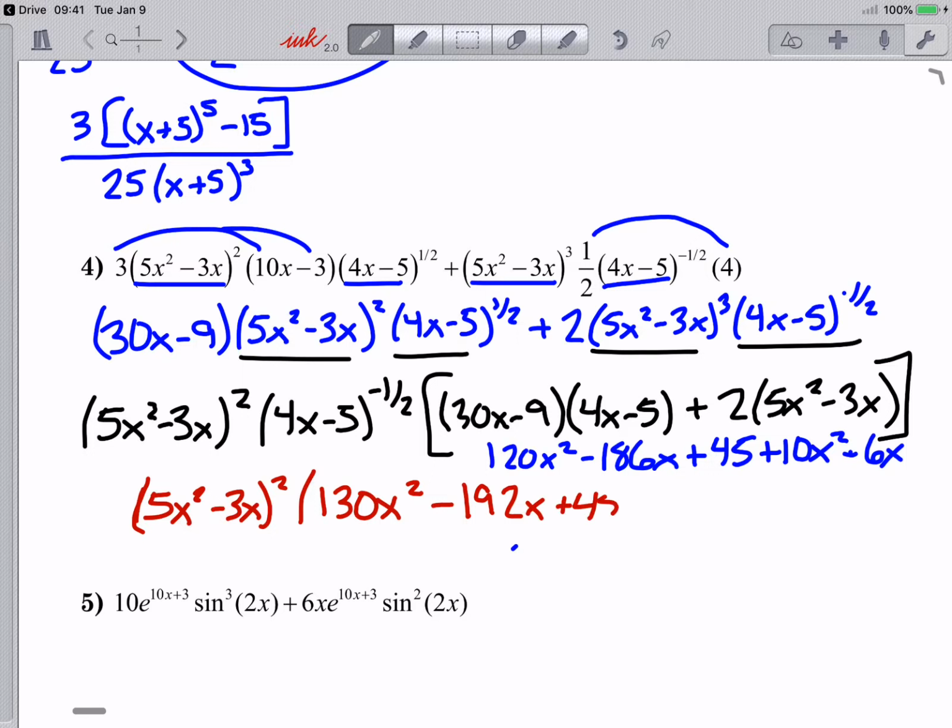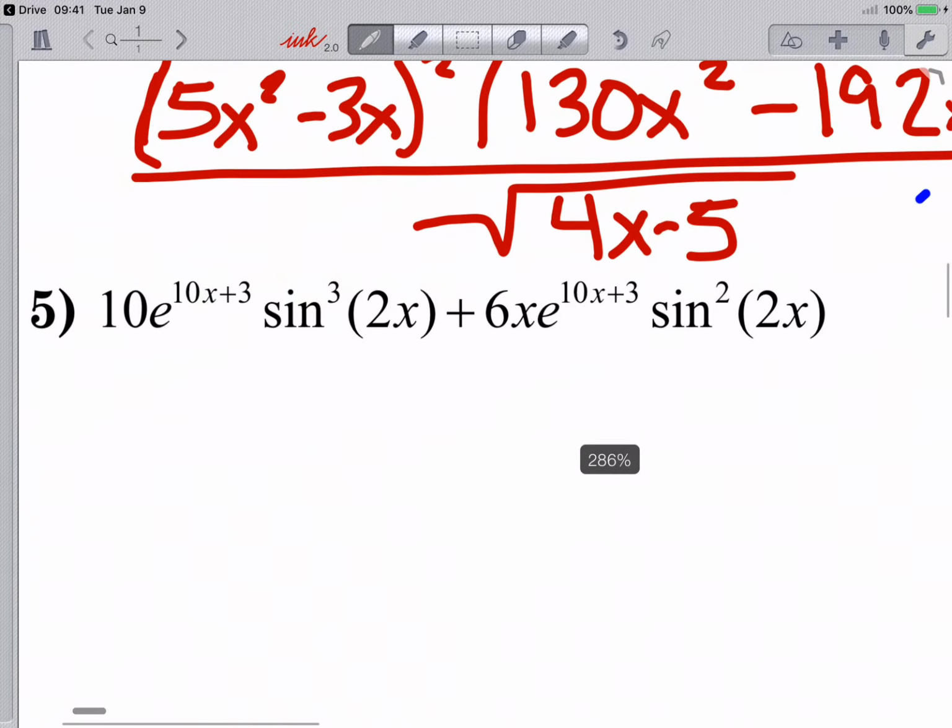Then I've got plus 45. And then all of this goes over the square root of 4x minus 5. That's it. Nothing crazy.